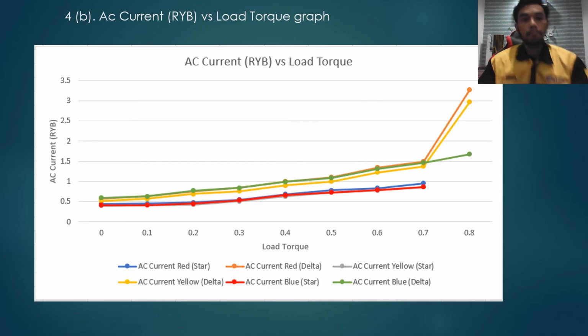And then for the stator current versus load torque graph, there will be 6 graphs, which are for the red phases between star and delta connection, yellow phases between star and delta connection, and blue phase between star and delta connection.